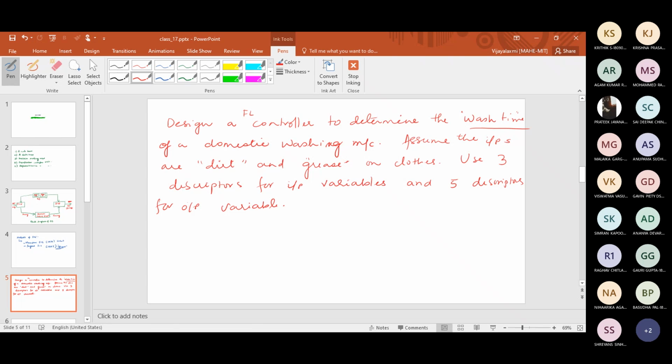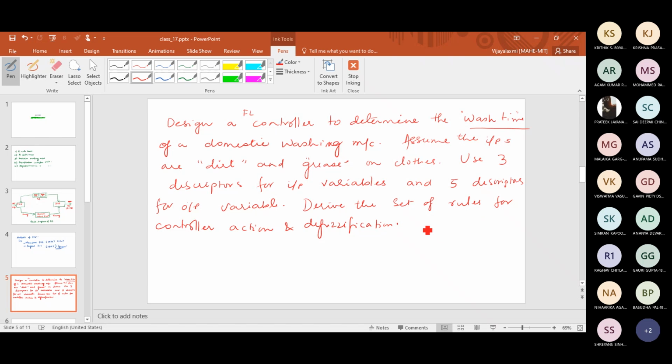Derive the set of rules for controller action and defuzzification. The design should be supported by figures wherever possible.